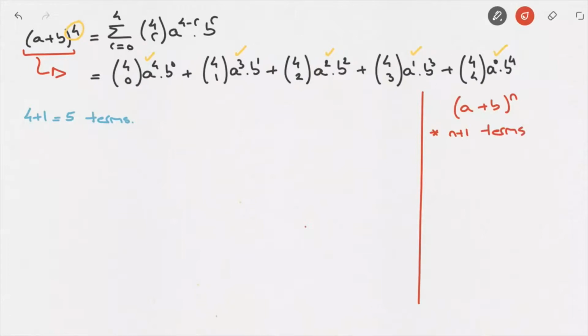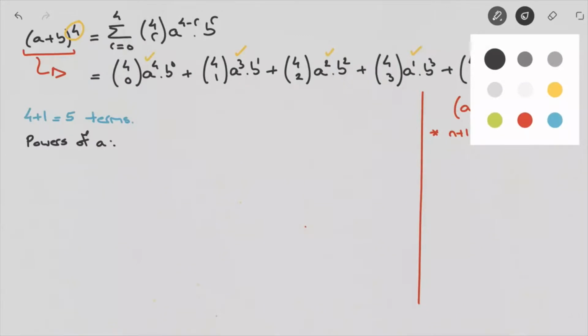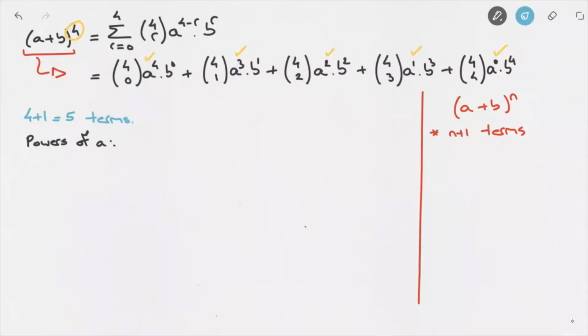The second thing we're going to look at are the powers of a. Looking at this expansion going from left to right, we can see that the first term has a to the power of 4, the second term has a to the power of 3, the third term has a to the power of 2, the fourth term has a to the power of 1, and the last term has a to the power of 0.